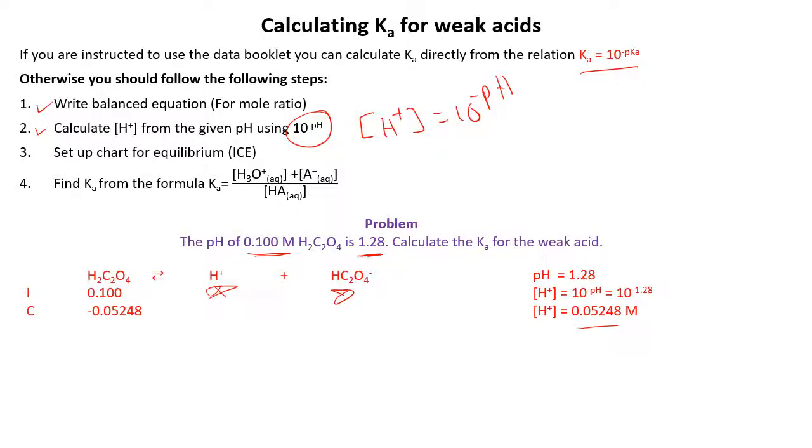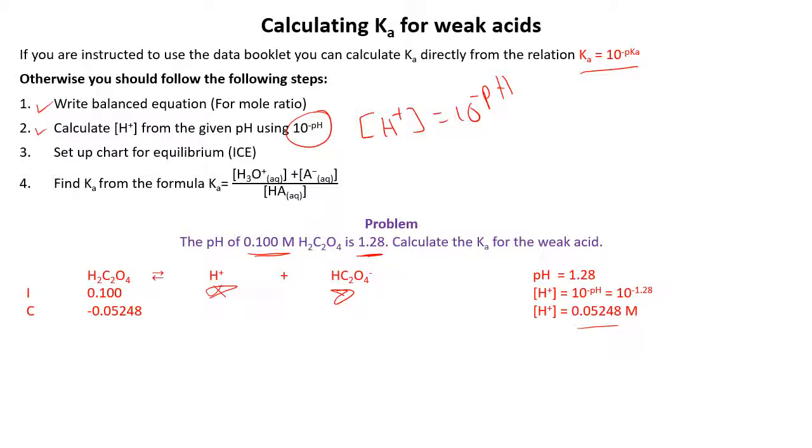The C is the change. The change is when the reaction starts. We have to take away some of the concentration of the weak acid because it already dissociates.